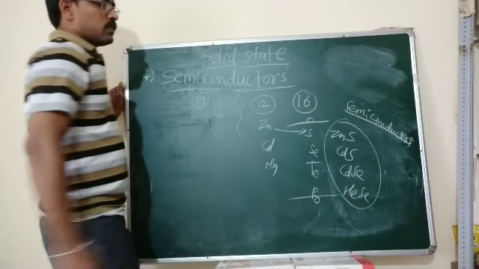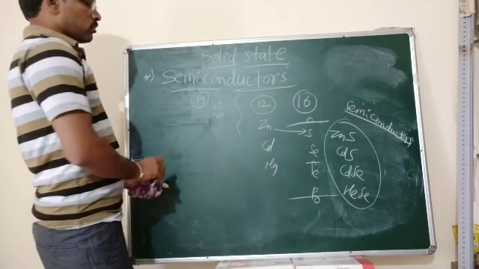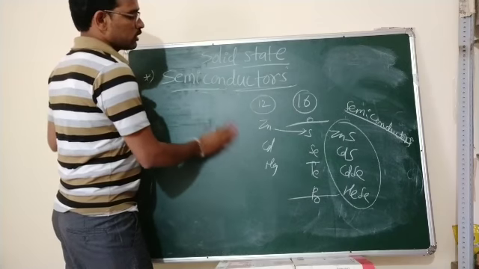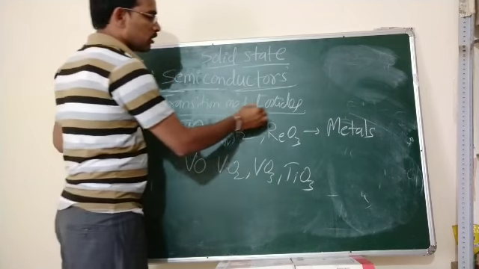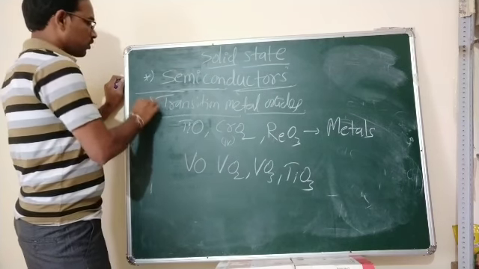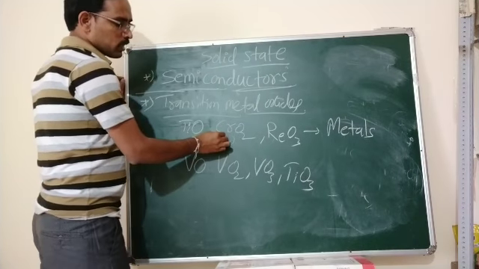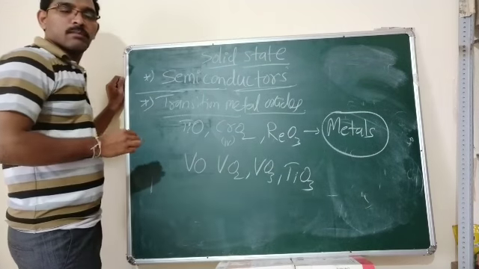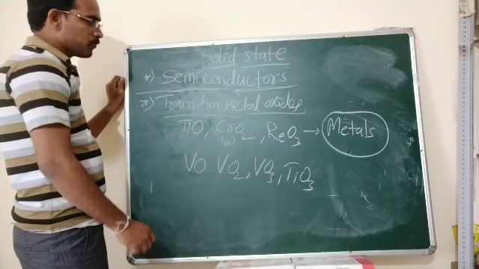The uses we already discussed in digital devices, and we can also use these diodes in medical applications, in heart operations as well. Then, other than this, some transition metal oxides like titanium oxide, chromium dioxide and rhenium oxide act almost like metals such as copper and aluminium, good conductors.